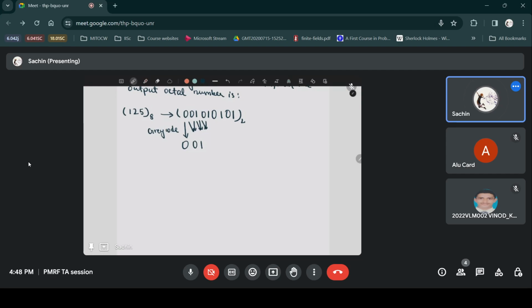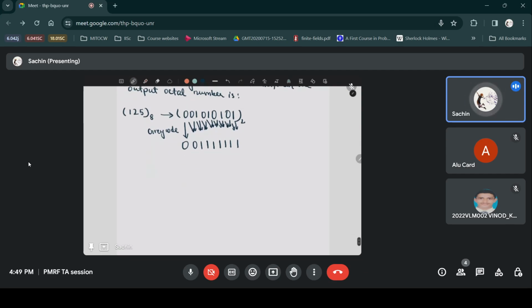XOR these two, 1 XOR 0 is 1. Similarly, keep XORing, you keep getting 1. So this is the gray code of 125 base 8.